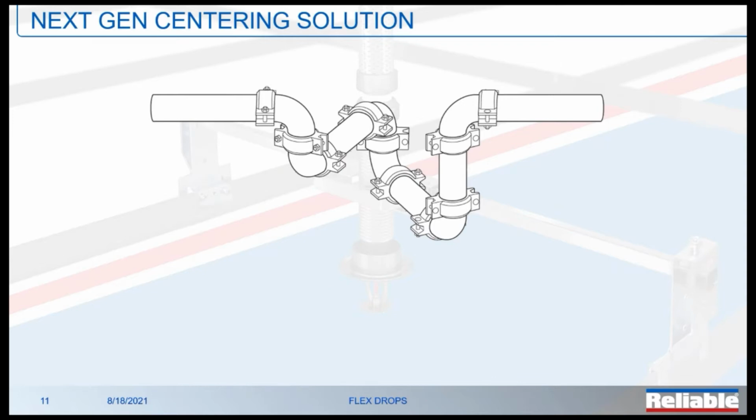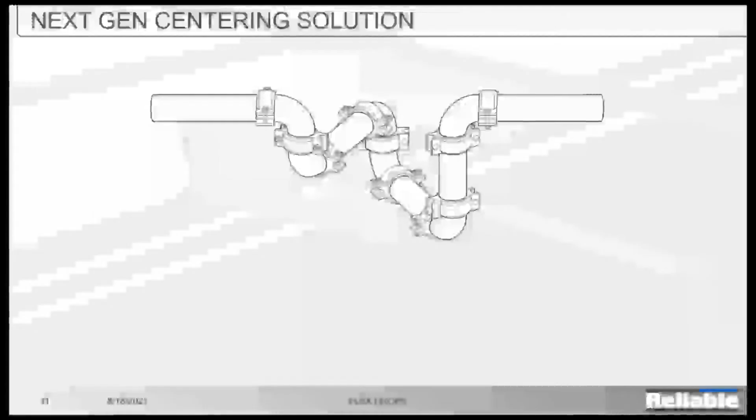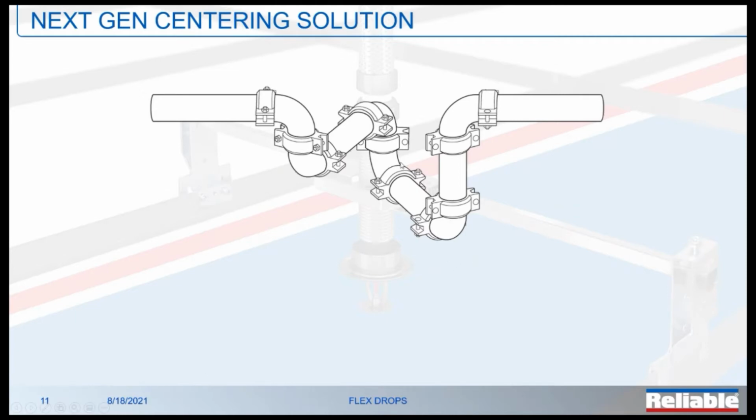So while it's not directly applicable to a fire sprinkler drop, the concepts there are still the same, right? We anchor these on each side of a piece of structure that's going to move independently. We've got to allow some flexibility in there. So I had to use this picture because I couldn't find a picture of what I want. I couldn't remember who made the product, but I do remember it, and it wasn't done necessarily with grooved couplings.